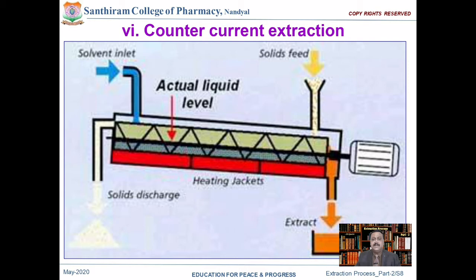It has two openings, one at the lower end and another at the upper end. The sample is fed from this hopper which is connected at the lower end of the tank, and the solvent is allowed to flow through the pipeline connected at the upper end of the tank.